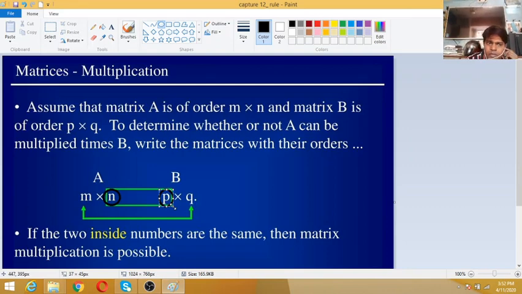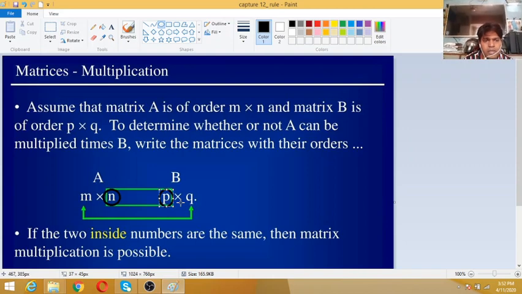As you can see, the rule goes: assume that matrix A is of the order m cross n and matrix B is of the order p cross q. So we can multiply the two matrices if the columns of the first matrix equal the number of rows of the second matrix.